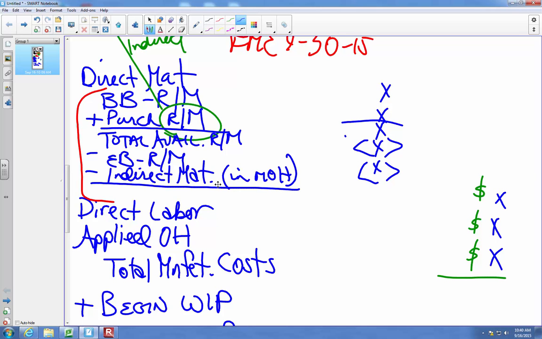This was requisition. So the beginning balance raw materials plus purchases. You're doing the model just like this. If you want to see a picture of what the numbers look like, it's on page 102. You're doing this little model right now.